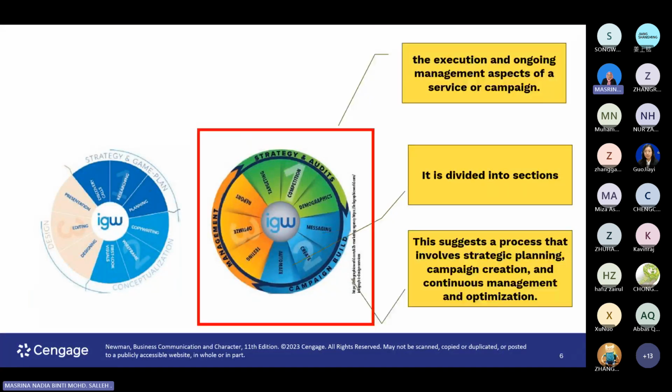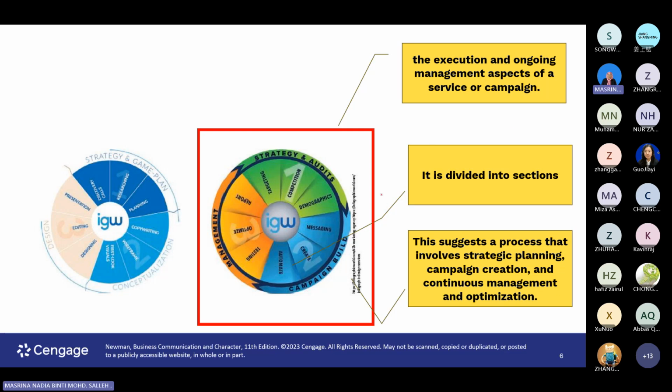Okay, the next one on the right side. This is the execution and ongoing management aspect of the service of all the campaign. As you can see, the main processes here are strategy and audits, campaign build, and also the management.